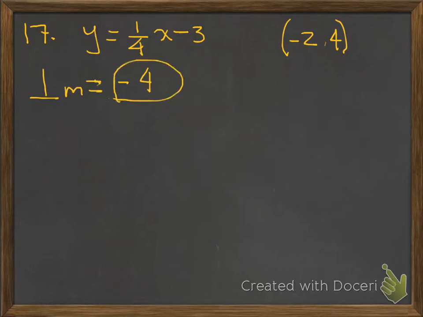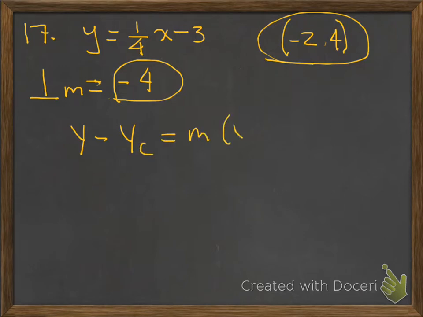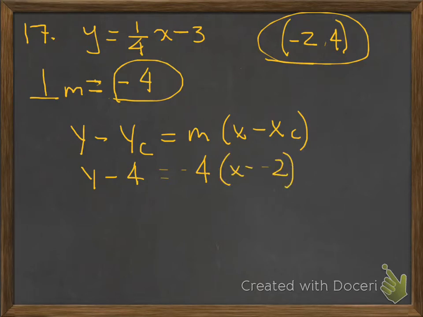And now I'm going to use point slope form. So y minus the y coordinate equals the slope times x minus the x coordinate. So y minus, what's the y coordinate of the point? And that's right, it's 4, equals the slope, negative 4 times x minus the x coordinate.